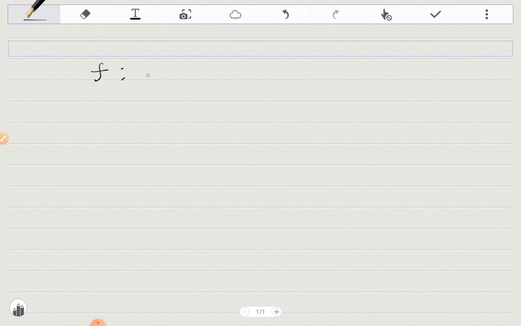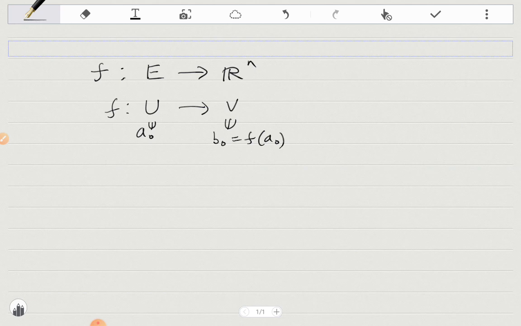So we had f from E to Rn, and we had these neighborhoods, open sets U and V. So this U had, first of all, this A naught, the point that we started with.